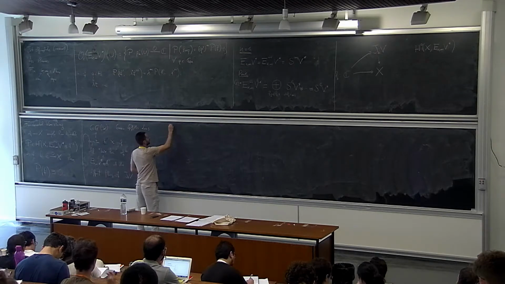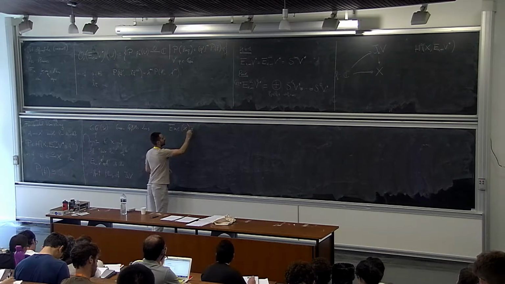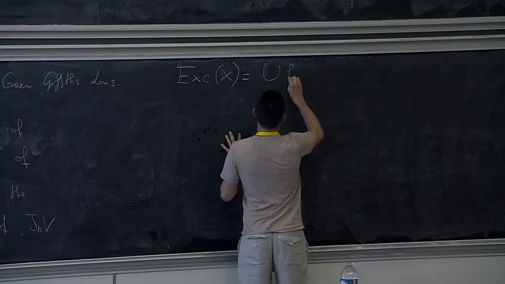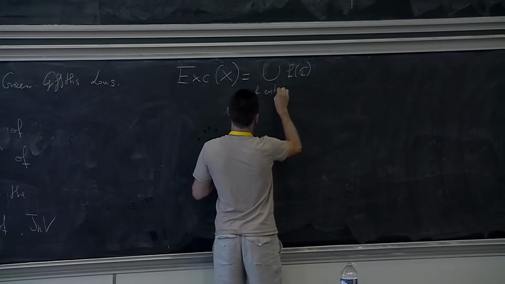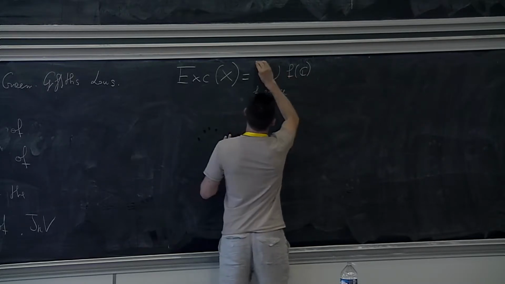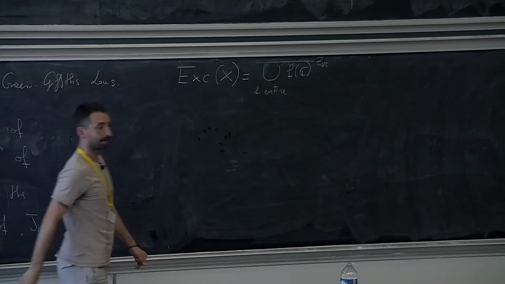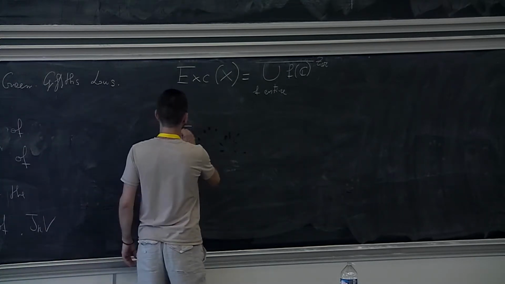So in other words, you have this exceptional locus of X, which is the union of all images of entire f from C, and you take the Zariski closure. Okay. And this fundamental theorem tells you that you always have inclusion.